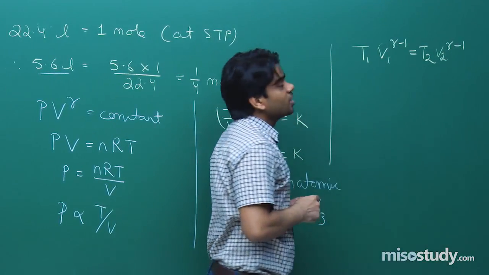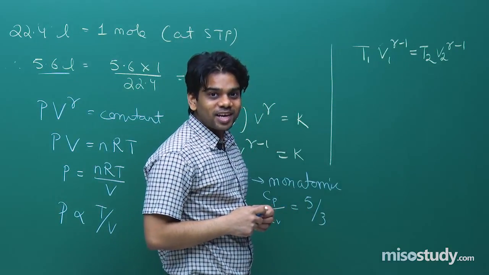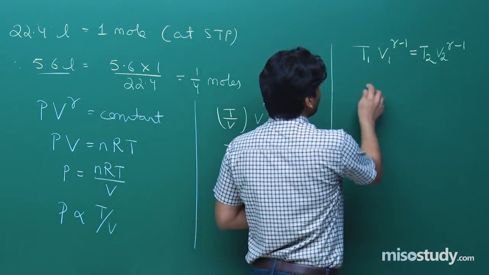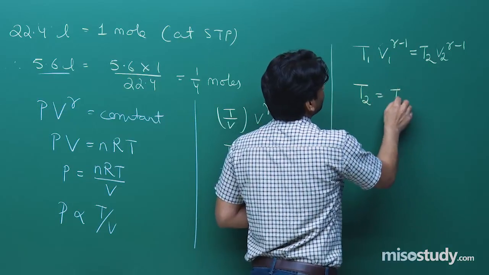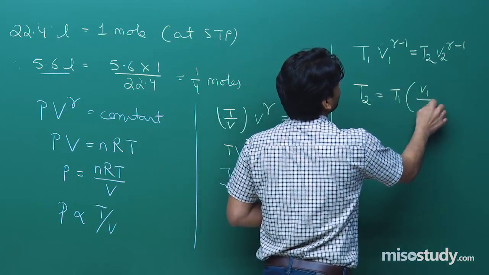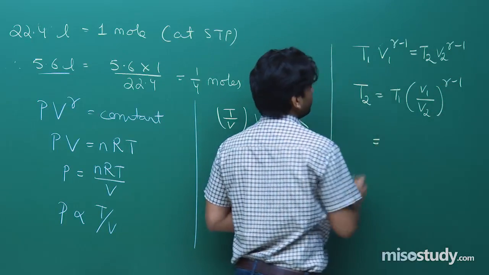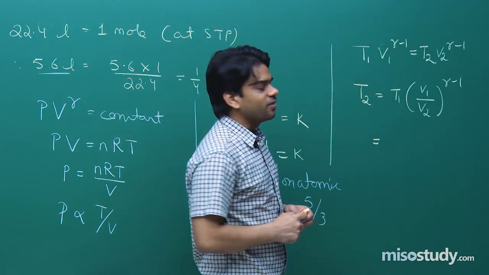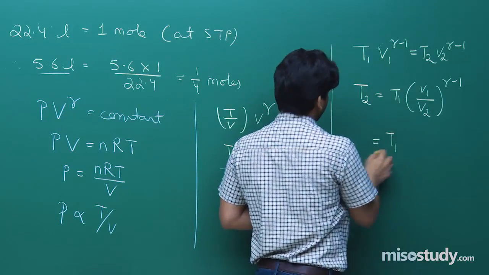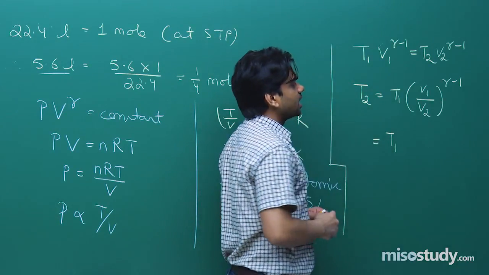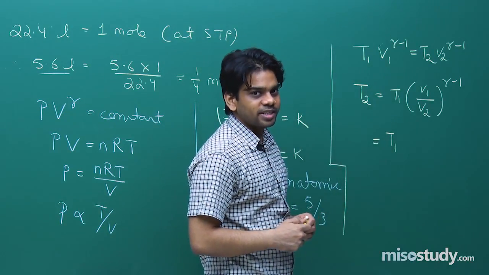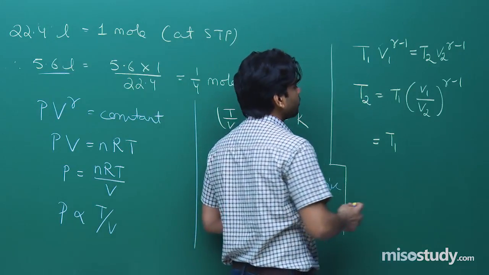This is the constant for the adiabatic relation. So T2 is equal to T1 times V1 by V2 to the power gamma minus 1. V1 is the initial volume and V2 is the final volume.